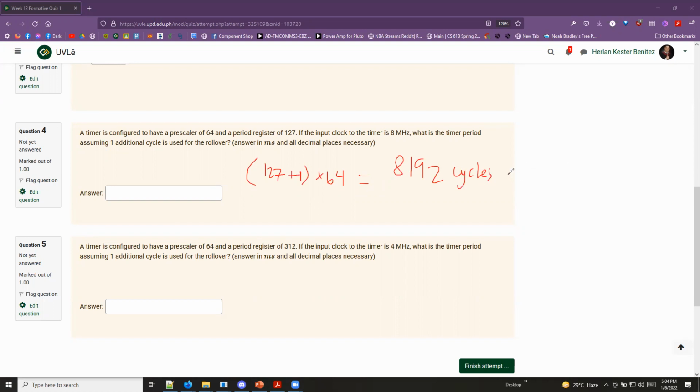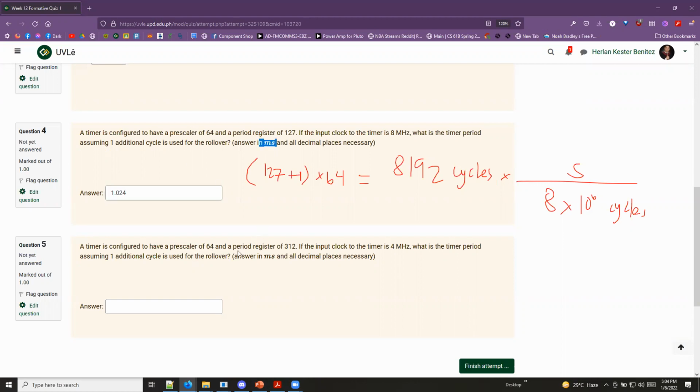And then we divide this by 8 million cycles per second para makuha yung actual na time delay. So parang natatawag natin dimensional analysis. So this is in milliseconds, 1.02.